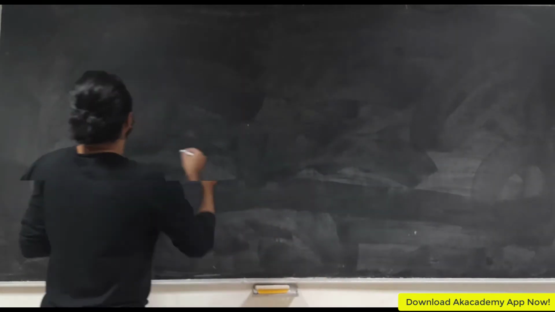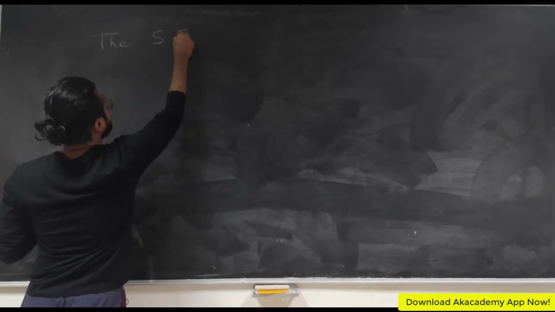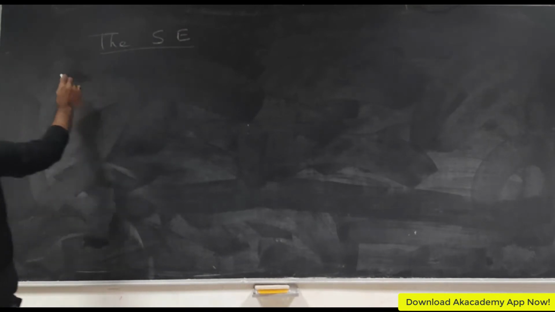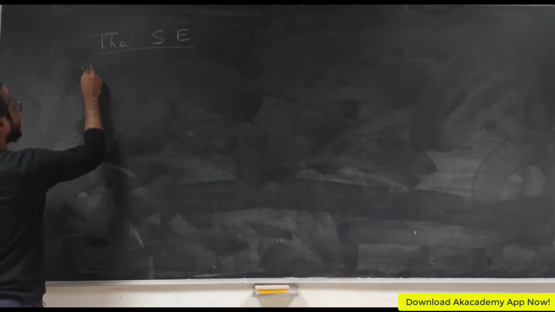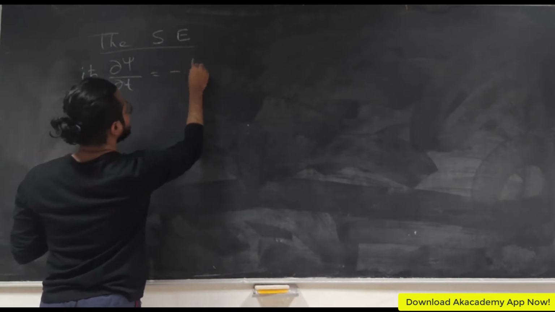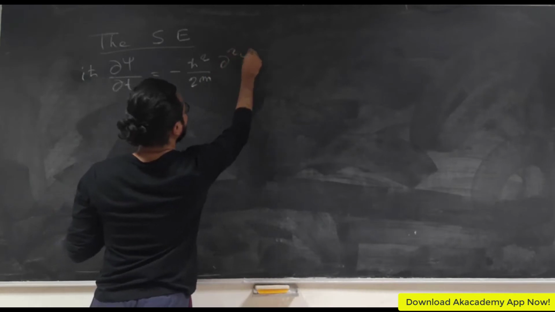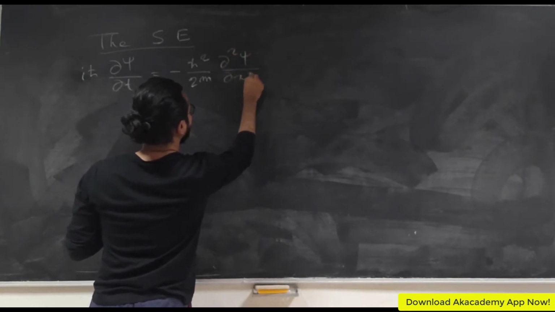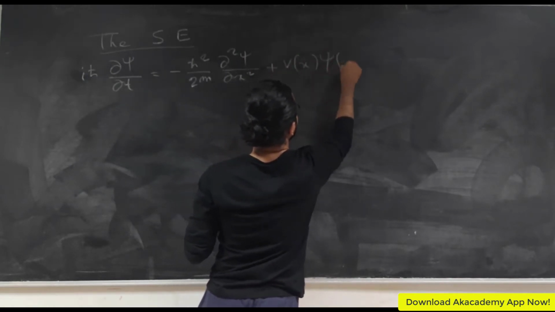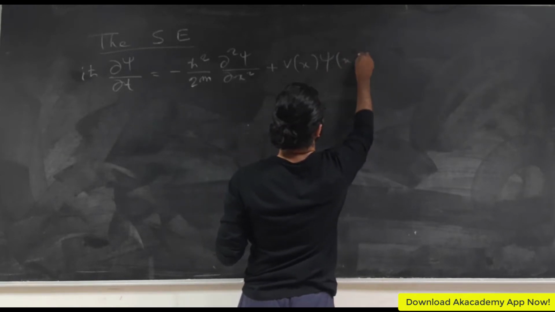The Schrodinger equation is i h bar del psi del t equals minus h bar squared over 2m del 2 psi del x2 plus V of x psi. So this is psi of x, t for now.